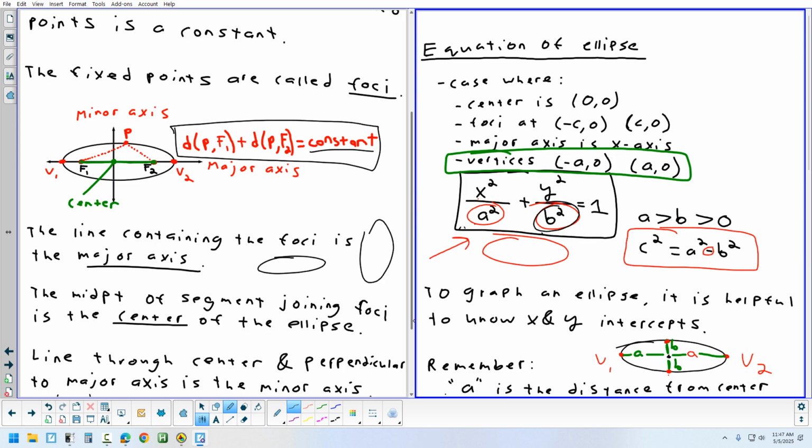What two things would have to be the same in an ellipse, and then it would make it a circle? Yeah? A squared, B squared. Yeah, the a squared and the b squared would have to be the same, which means the major axis is equal to the length of the minor axis. If those two things are the same, then you have a circle.